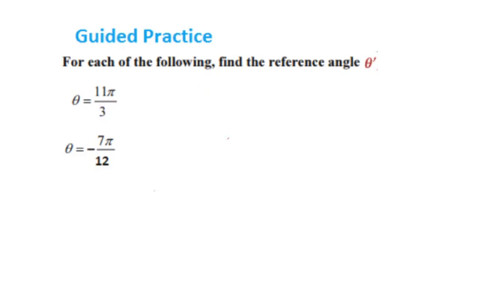Now let's go to the second. Theta equals negative 7 pi over 12. So first of all, you need to add 2 pi. Make sure the coterminal angle is between 0 and 2 pi.